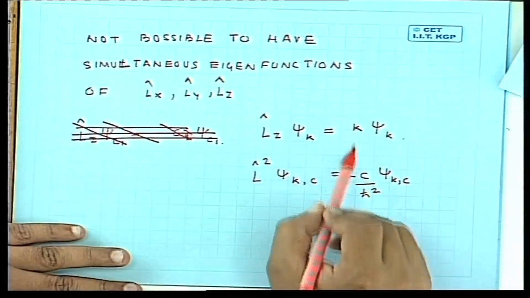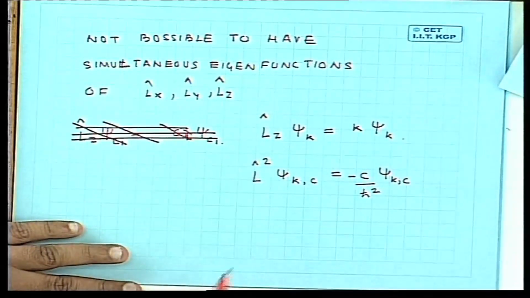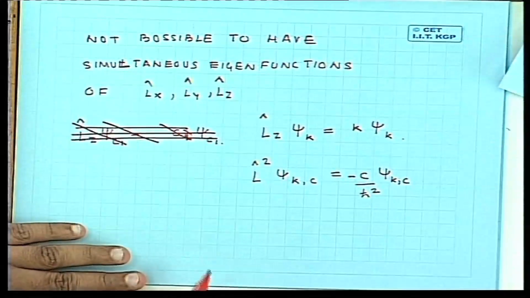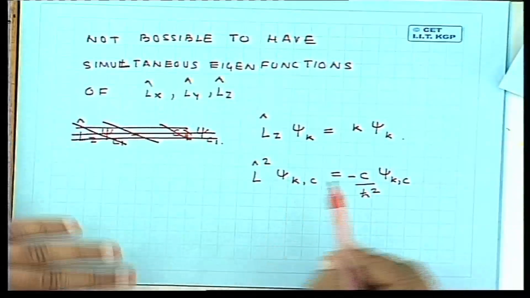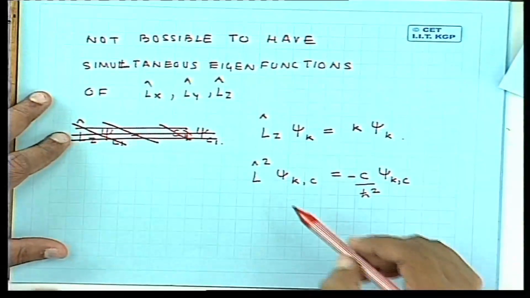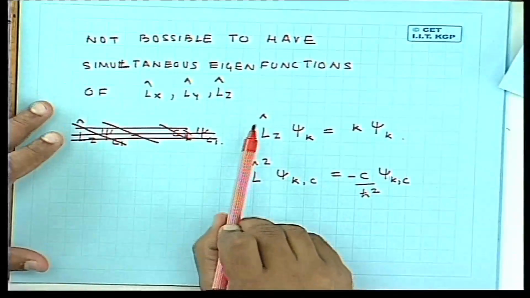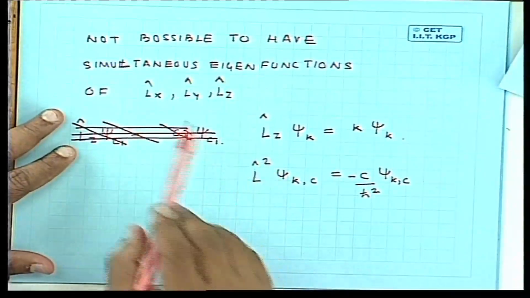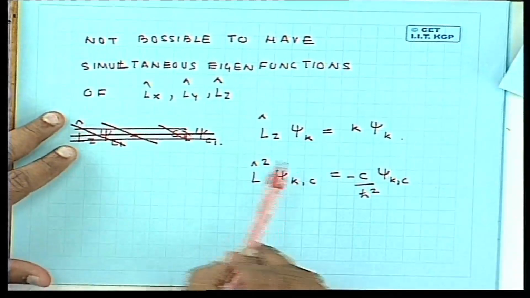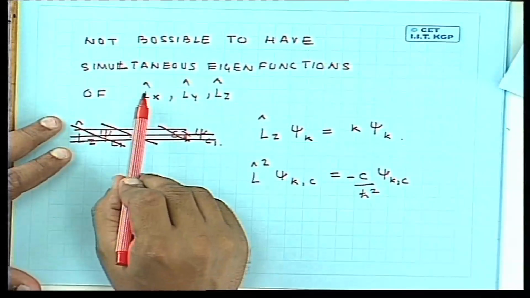These wave functions have been denoted by Y earlier, so we can switch over to Y. We want a set of simultaneous eigenfunctions of Lz as well as L squared, and the whole set will not also be eigenfunctions of Lx and Ly.